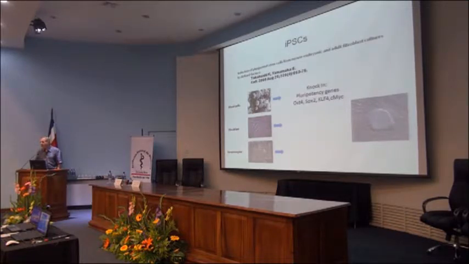You could take somebody who had a car accident and had spinal cord injury, take cells from the red blood cells, de-differentiate them, and grow them back into neuronal stem cells and cause the healing of the nervous system.